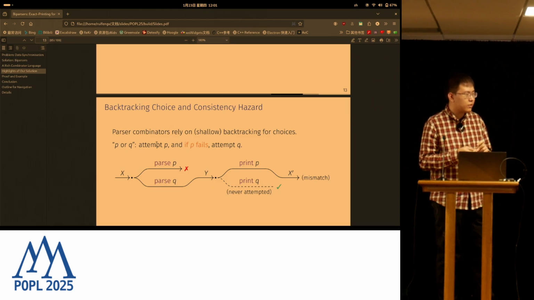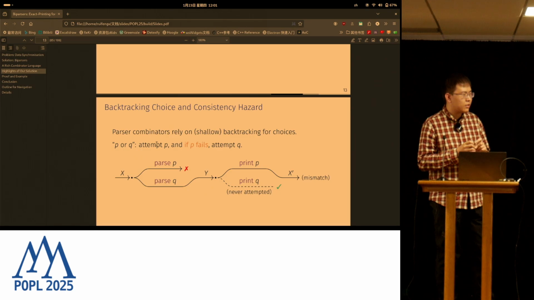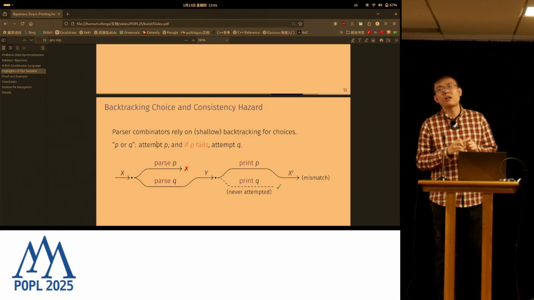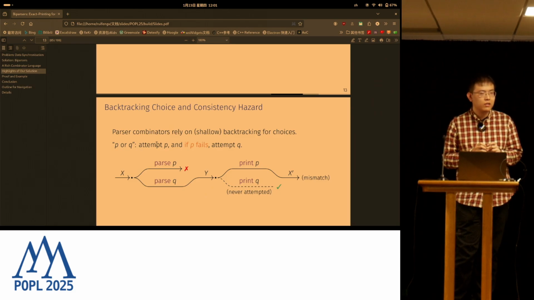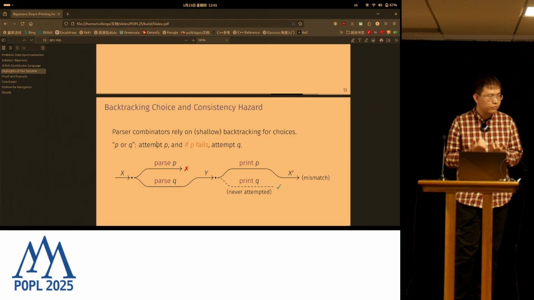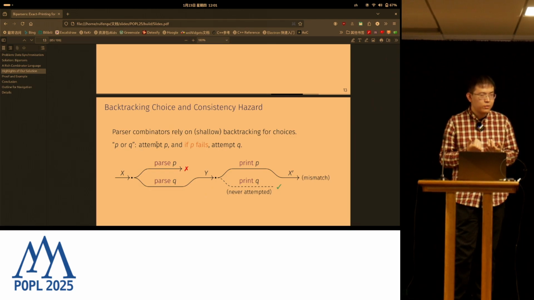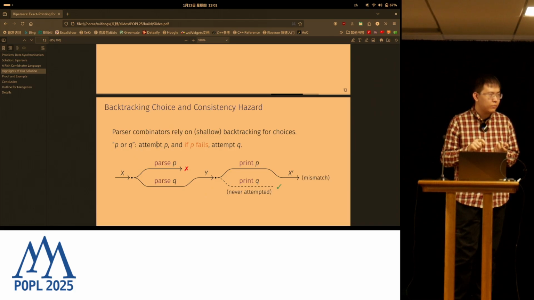The question I'm asking is what kind of inconsistency is there? Because if you have the parser from P and printer from Q, you essentially have no guarantee about their relationships, right? If they are from the same biparser, then you have the round-trip properties.